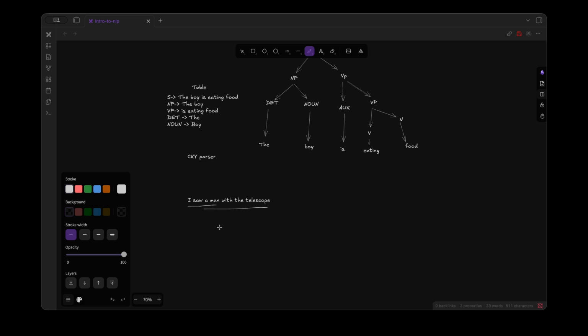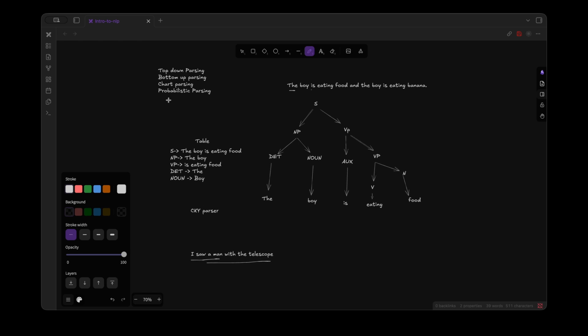So if we are parsing a lot of these kinds of sentences, and most of the time there is a reference of a man with the telescope more often, then the probability becomes higher. So the chance of the man having the telescope becomes more than me having it. At that particular time, we can use this probabilistic parsing.